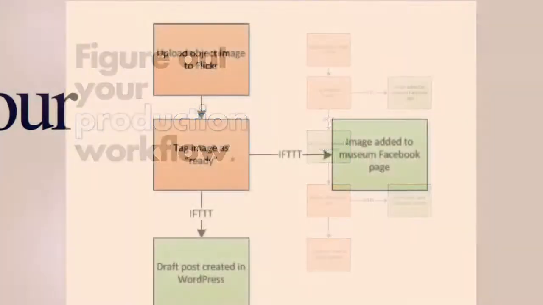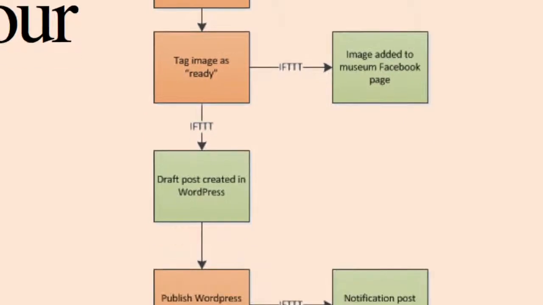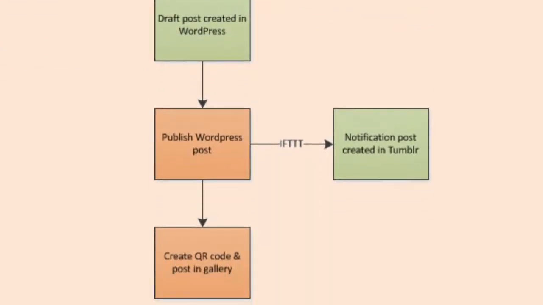So this is an example of our image workflow. We've uploaded an object image to Flickr. We tag that image as ready. We want to have our if this then that service automatically add that image to our Facebook page, and then simultaneously create a draft post in WordPress. We'll then publish our WordPress post and have that automatically create a notification in Tumblr, and then we're going to create our QR code and post that in the gallery.